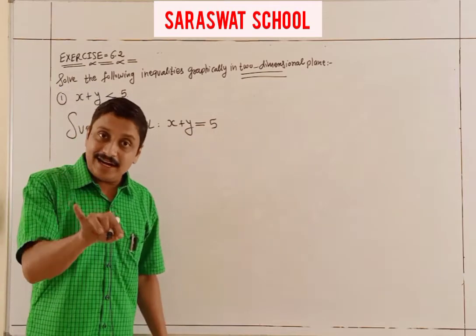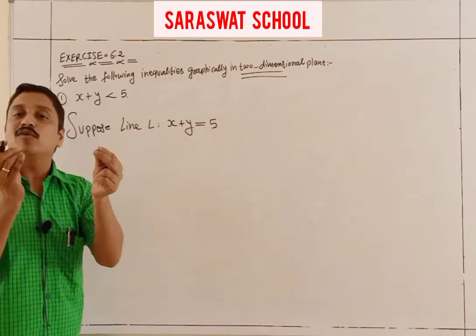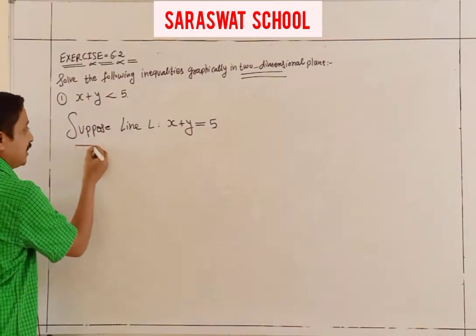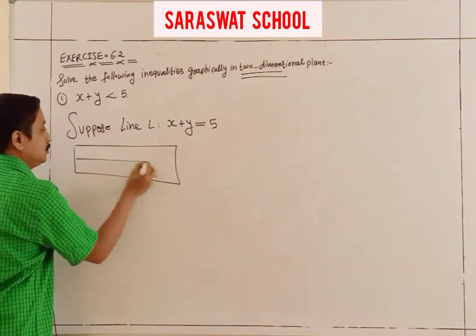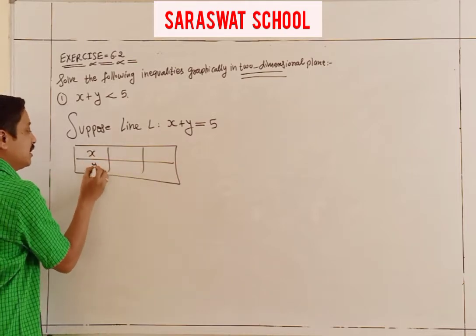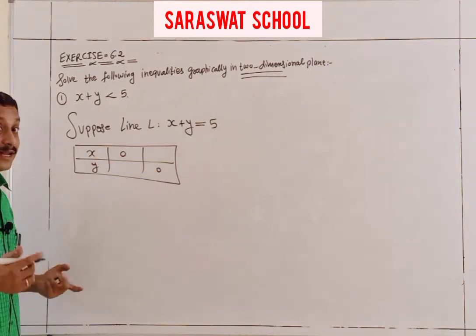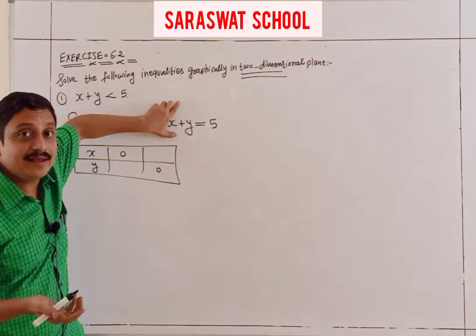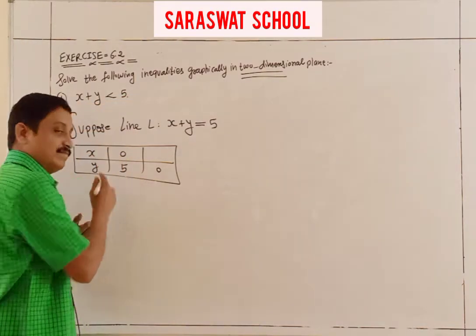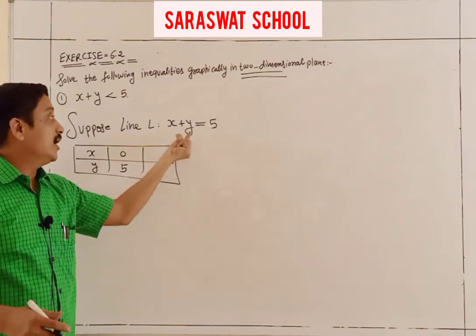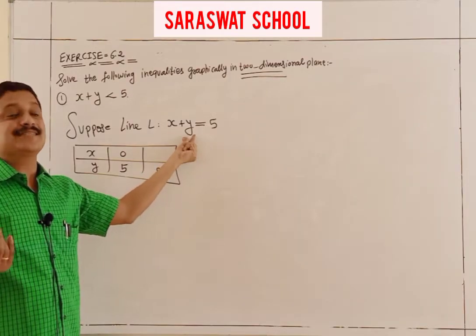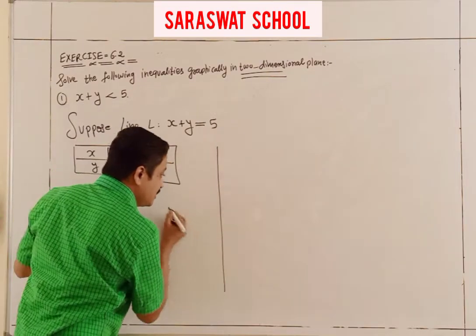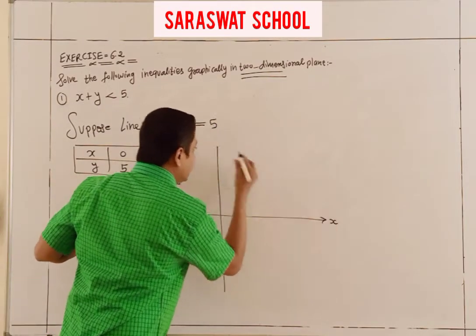After that I will explain what is the meaning of less than 5. But first I explain is equal to 5. Then you create a little table with x, 0, and then y, 0. If you take x as 0, then what is y? Yes, y is 5. And if you put y as 0, then what is x? Yes, 5. It means your line is easily derived.